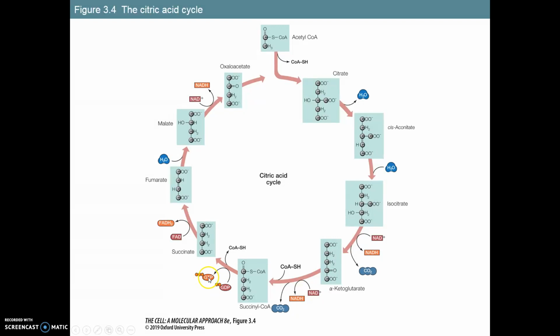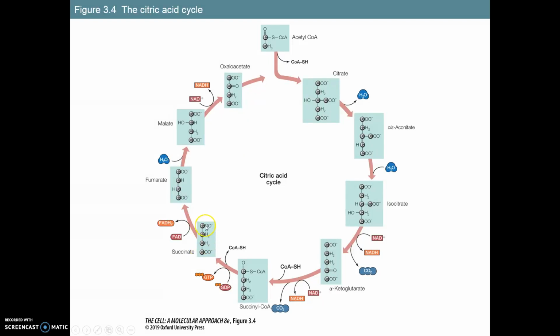It's easy to switch back and forth. It just so happens to utilize GTP in this case. And there's actually a couple different versions of the enzyme that carry this out. Some of them actually use ATP. So this can happen in a couple different ways. The resulting compound here is something that we call succinate.